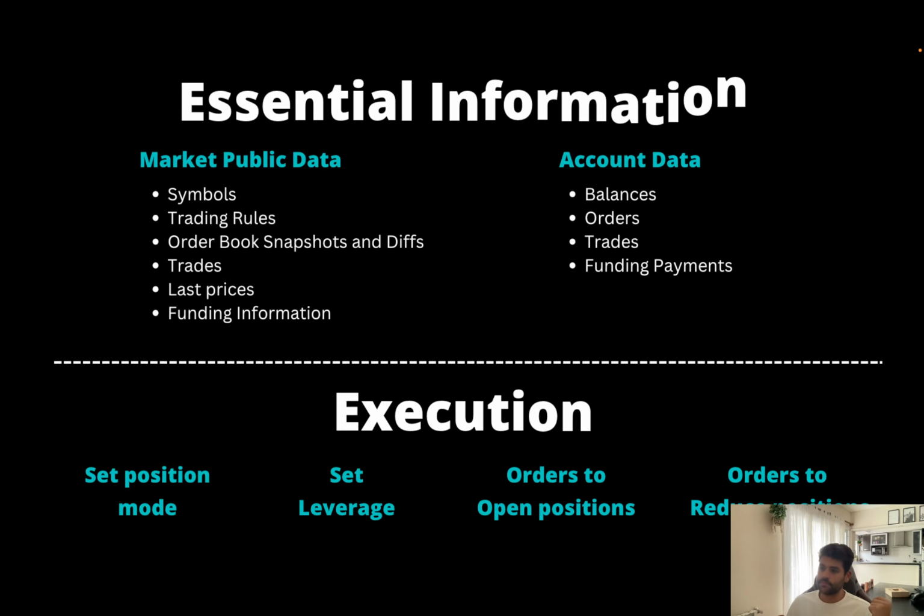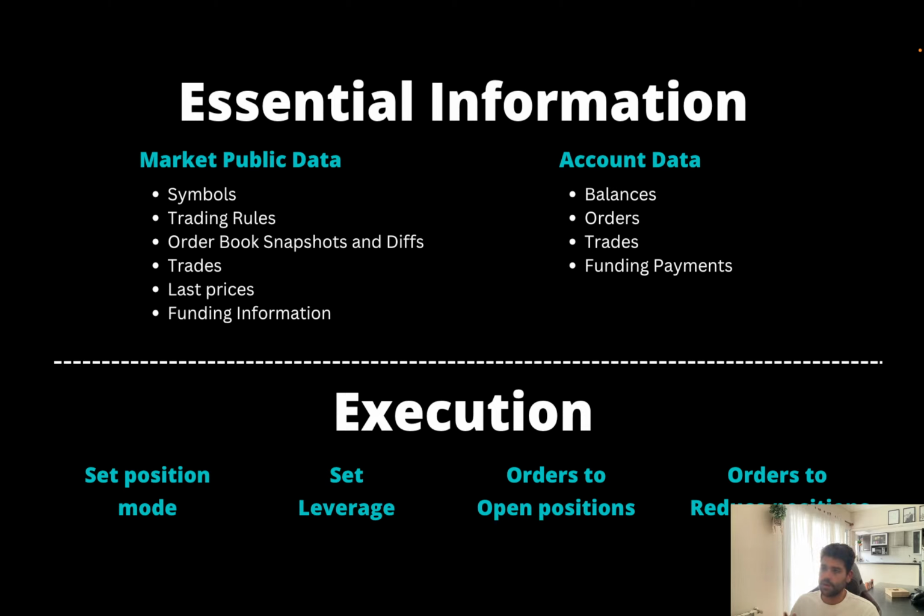So, well, when we are talking about information and execution, we can divide the connector in execution and information. Based on information, we have public data and account data. Let's talk first about the public data, that is the one that is available without API keys.